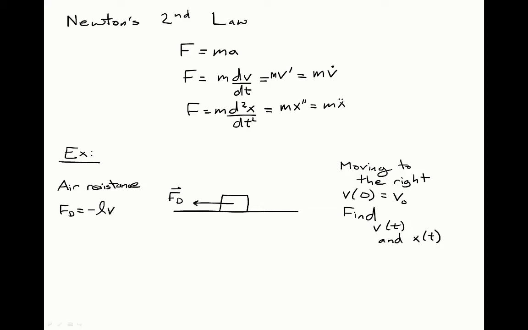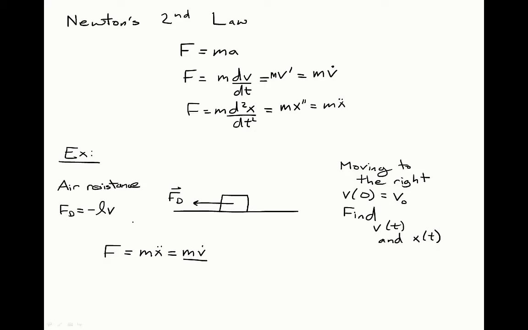Alright, so the first step in working out what's happening in this physical situation is we want to write the differential equation of motion. That means we write out either F equals m x double dot or F equals m v dot. In this case, because our force depends on velocity, we're going to use the v dot version.